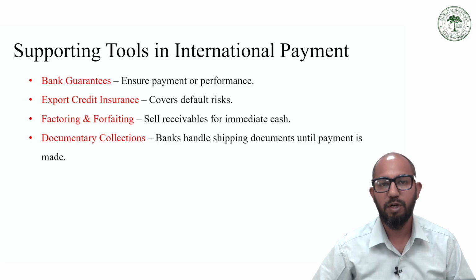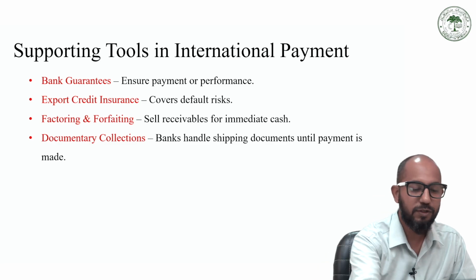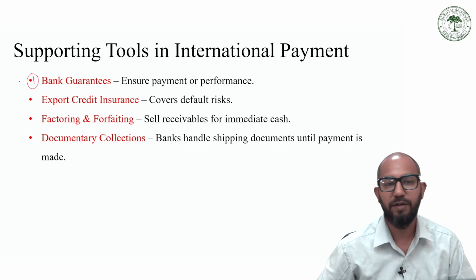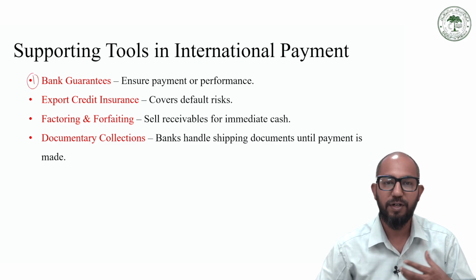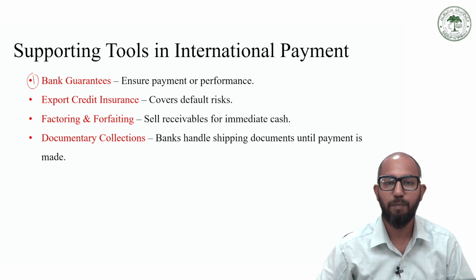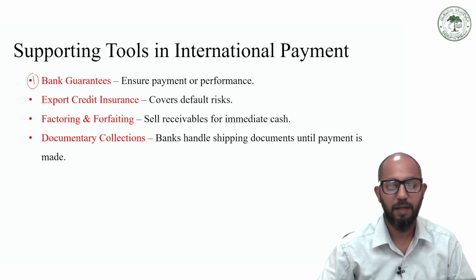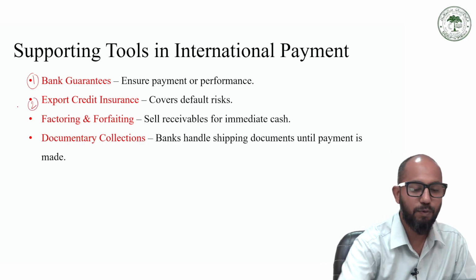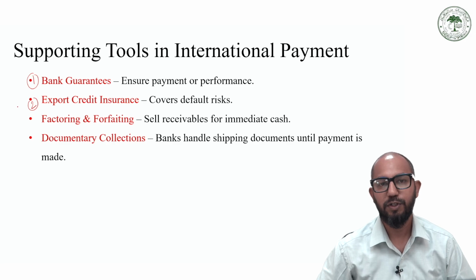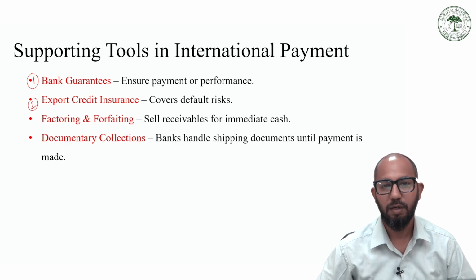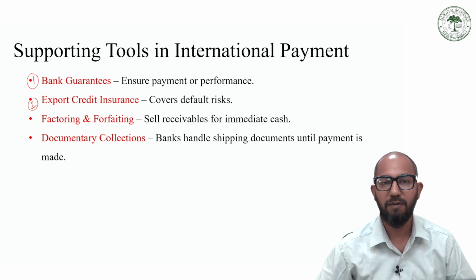Let us now focus on the supporting tools in international payment. The first supporting tool is bank guarantees. Banks, through different types of guarantees, ensure payment or performance. The second is export credit insurance, which covers the default risk. That is, if an importer had defaulted on payment, then export credit insurance can come to safeguard the interest of the exporter.